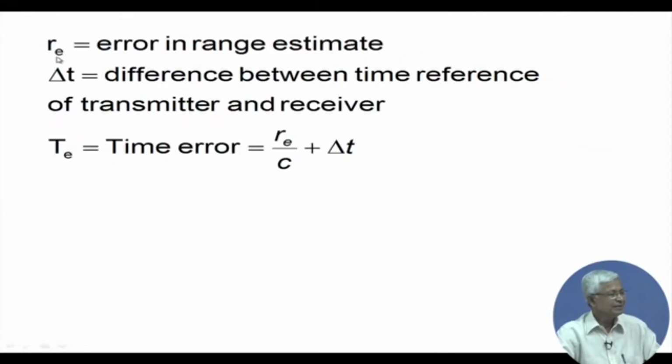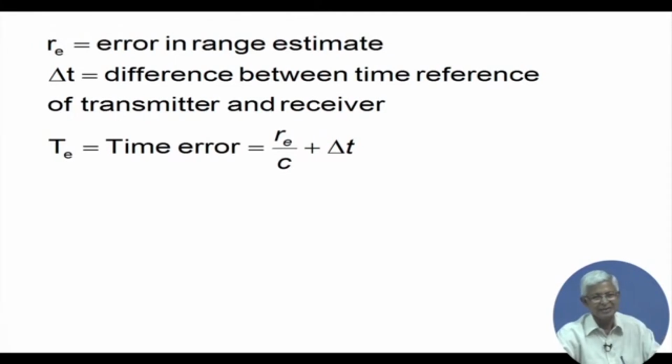So let us say RE is the error in the range estimate, and delta t is the difference between the time references. The transmitter has a time reference, the receiver has a time reference, and they have a certain difference because their accuracy and stability are not the same.